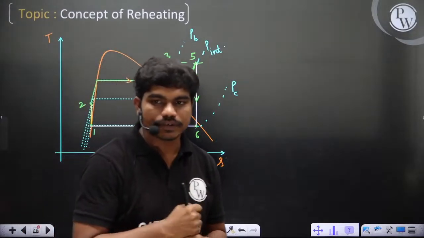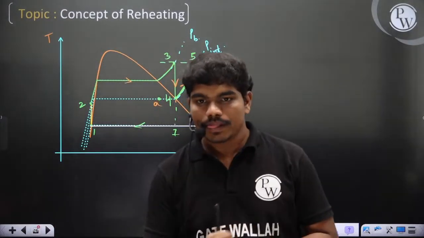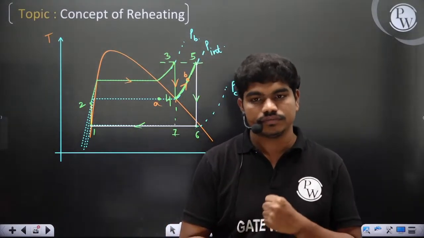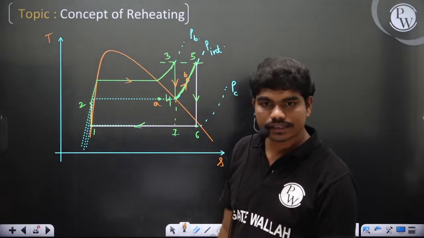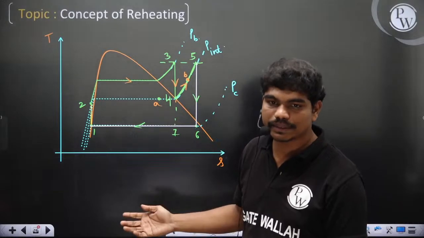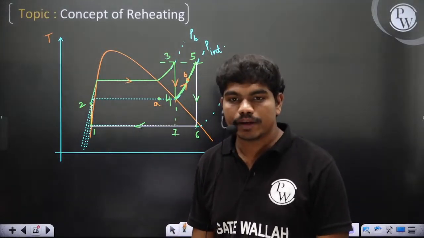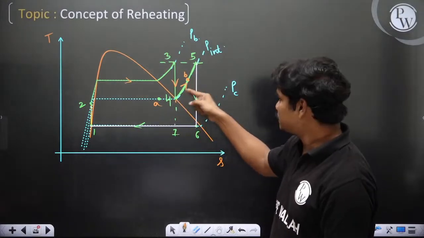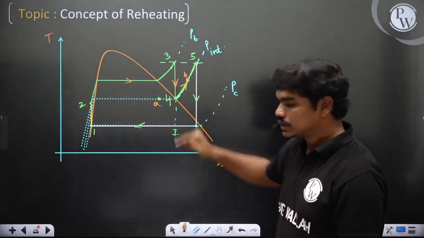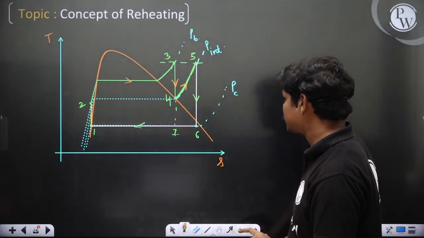You're expanding, and the system got completely converted to vapor, correct? You know, at B it is having higher specific volume. Because see, it is just vapor here. If you keep on heating vapor, then specific volume increases. So that's why specific volume at B is much higher as compared to A.